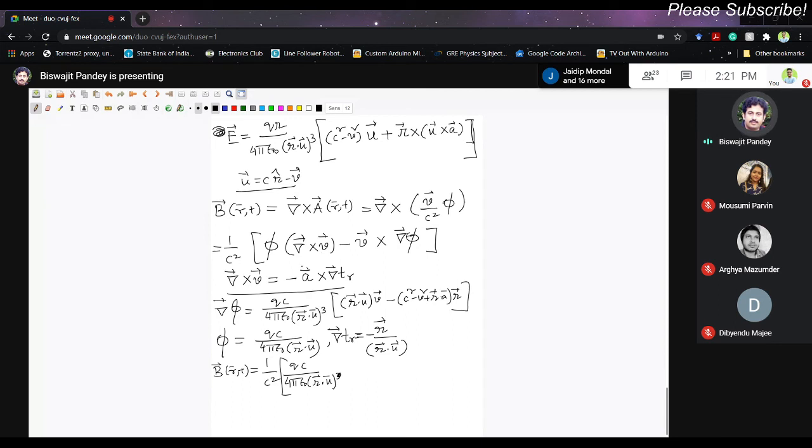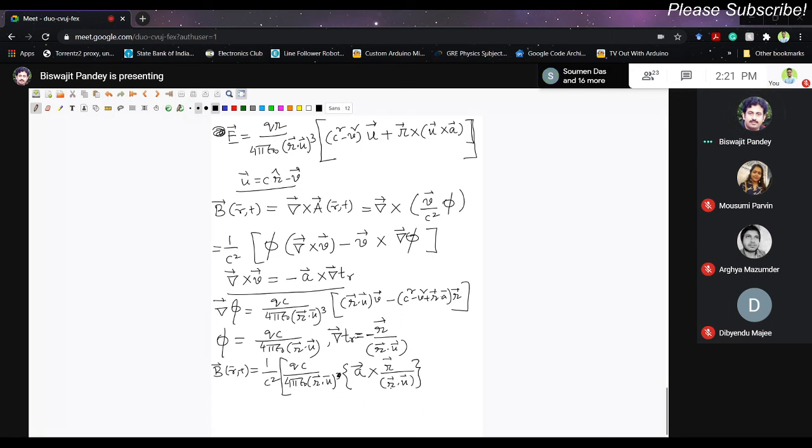Curl of V, you may remember, is minus A cross grad TR, and we know grad TR, so I am directly substituting it here. There is a minus sign here, and there is a minus sign here, so minus and minus will become plus. And what is A? Acceleration. So I'm substituting the value of curl of V, which is minus A cross grad TR. This is A, and from grad TR comes a minus that will make it plus A cross, and grad TR is curly R divided by R dot U.